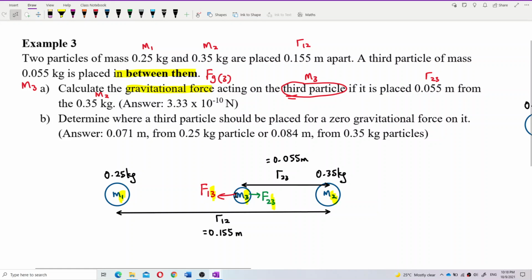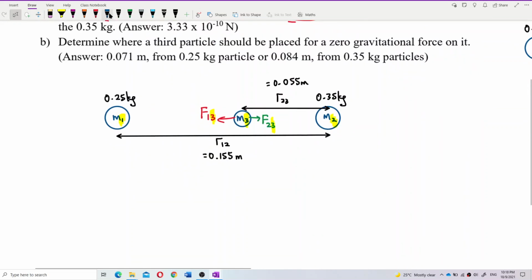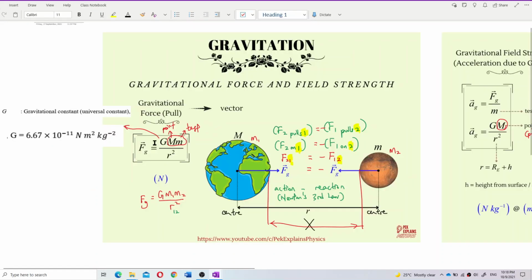So we need to find out what is this force F13. First of all, we need to find out what is the force F13. This is question A. F13. And we need to find F23 also. So how to find this value? Use the formula F equal to G M M over R square, or M1 M2 over R square.